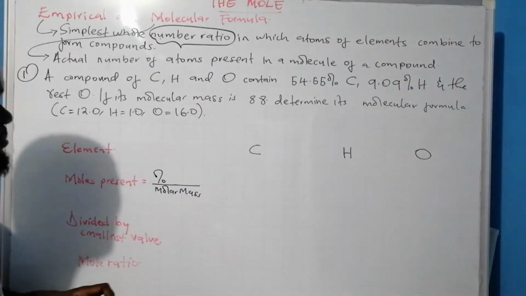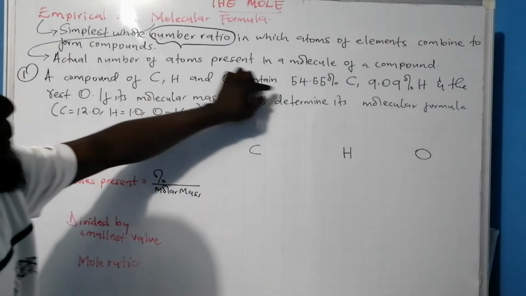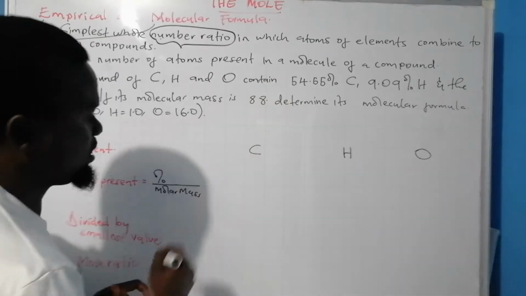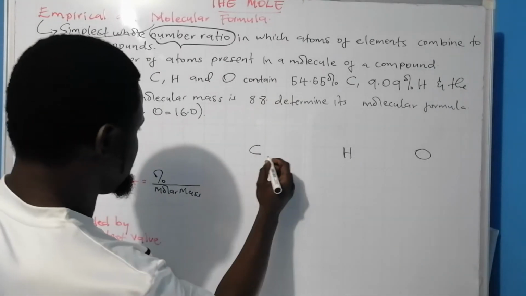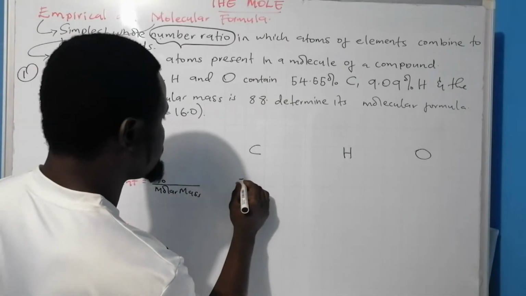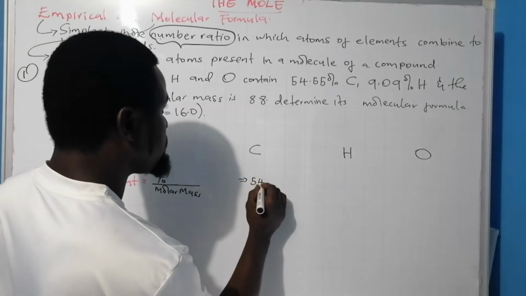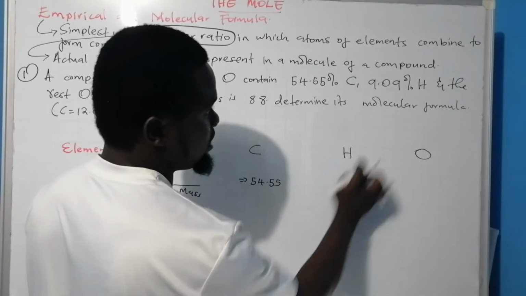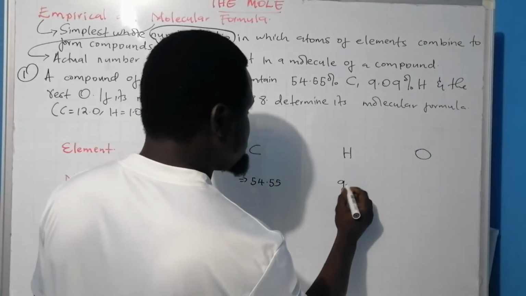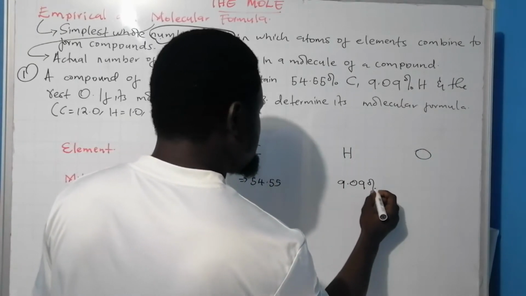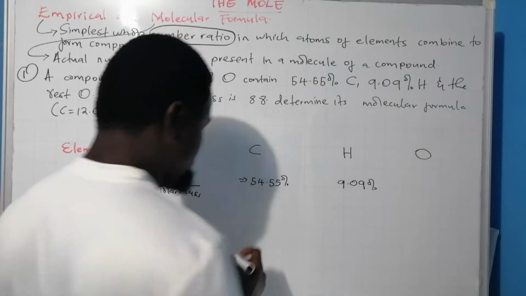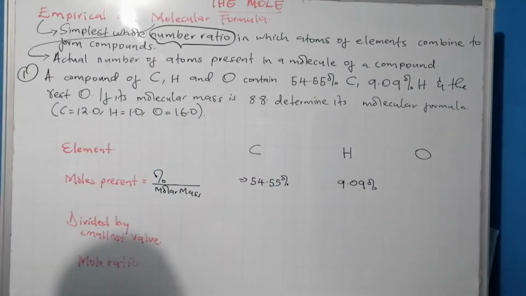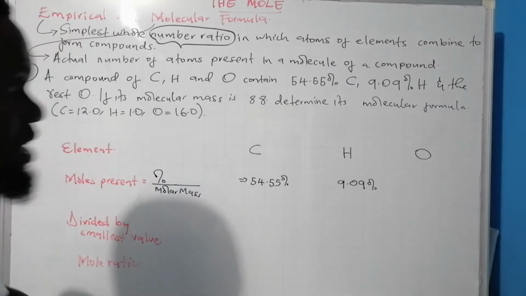And what are we told? That the percentage by mass of carbon is 54.55%. How about hydrogen? 9.09%. Keep it in mind, we are told that, and the rest is oxygen.